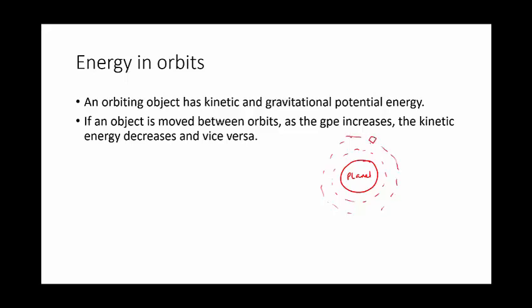If we've got an object in a high orbit that moves down to a low orbit, it's going to be reducing its GPE. And so it's going to have a higher kinetic energy, which, because the mass of the object isn't going to change, means it's going to be orbiting much faster. So things in lower orbits tend to orbit faster than things in higher orbits. If we move from a lower orbit to a higher orbit, we're going to increase the GPE and therefore reduce the kinetic energy.